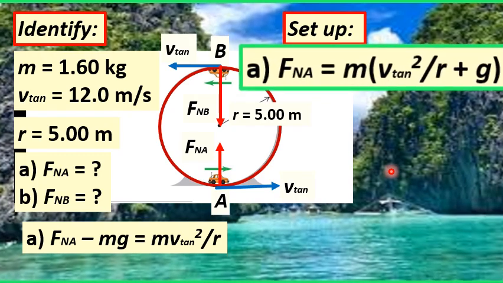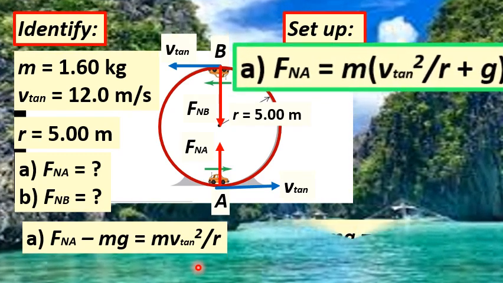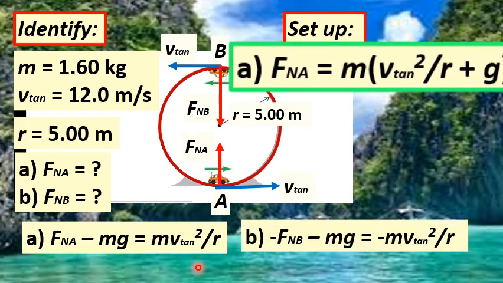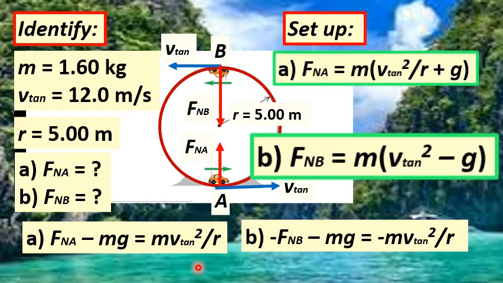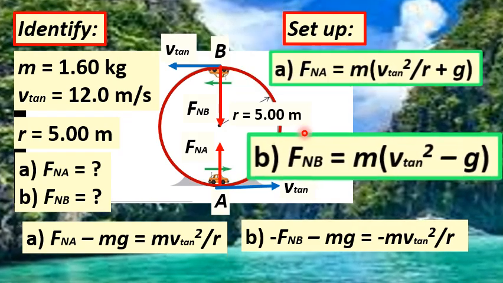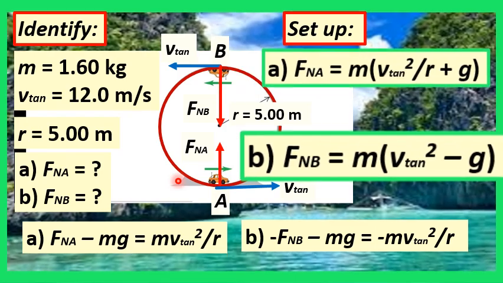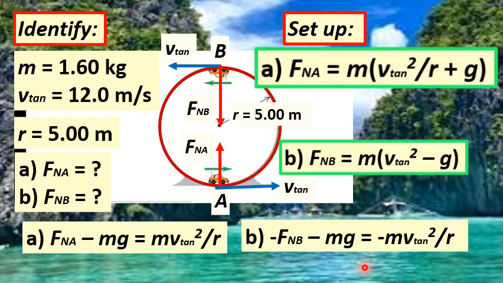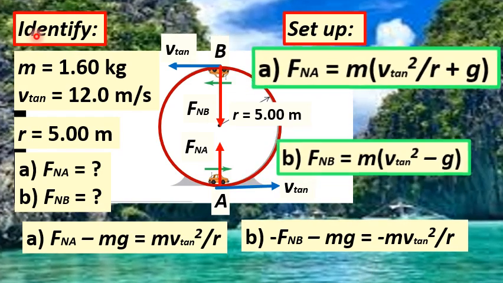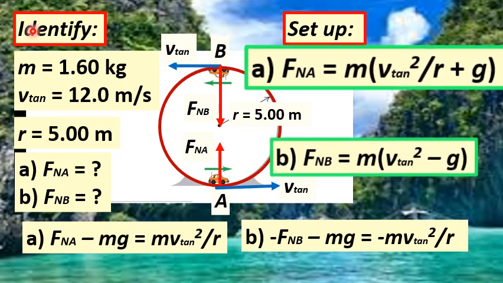Now, at point B, we also have the same equation. It's just that this time, the direction of the net force or the centripetal force is directed towards the center of the circular path.